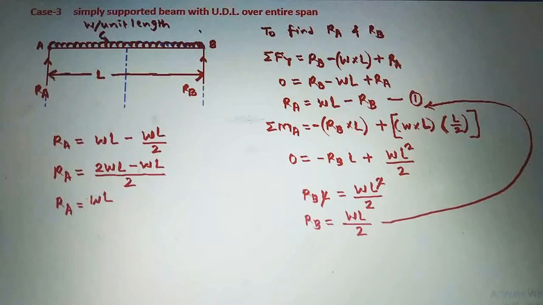So RA is equal to W into L divided by 2. So as we are getting here RA and RB, we will write RA is equal to WL by 2 and RB is also equal to WL by 2.